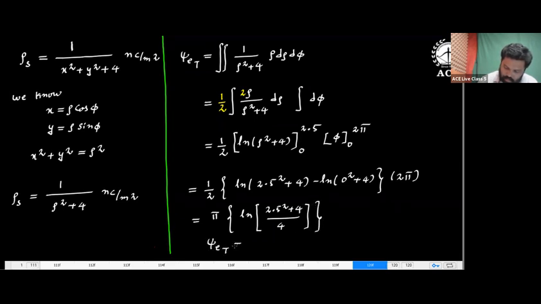So the total electric flux is equal to total charge, which is how much, beta? Please check out this value. Use your calculator.